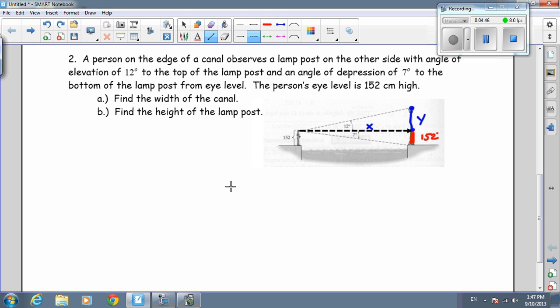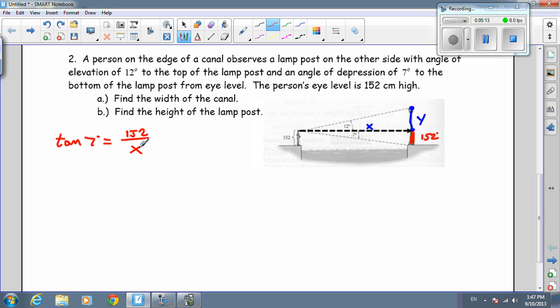Now, to find that distance, I have to use the bottom triangle. How? The bottom triangle has all the information needed to find the tangent. Since we don't have the hypotenuse, I would say the tangent of that angle, which is 7 degrees, is equal to opposite over adjacent.